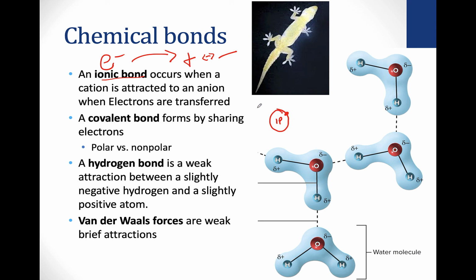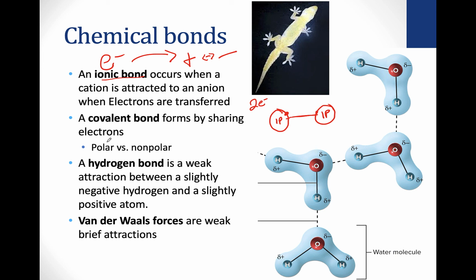But this inner shell actually wants two electrons. So here's another hydrogen with one electron, one proton. Neither one of them will be satisfied if we just move one over. So instead, they're going to share both of them and create a covalent bond.